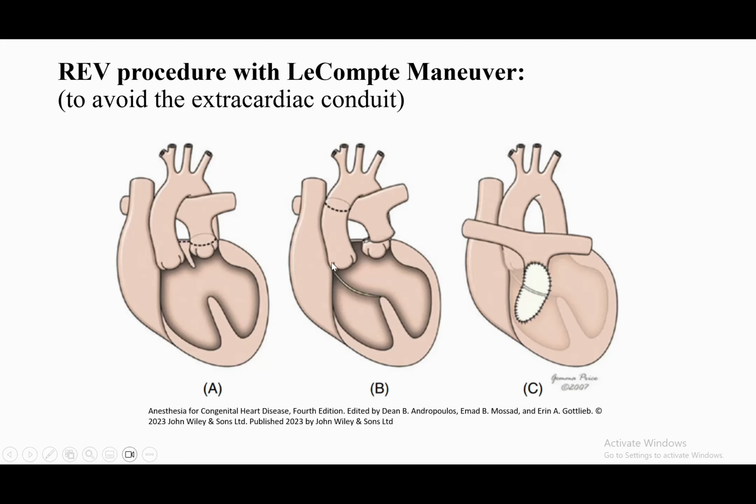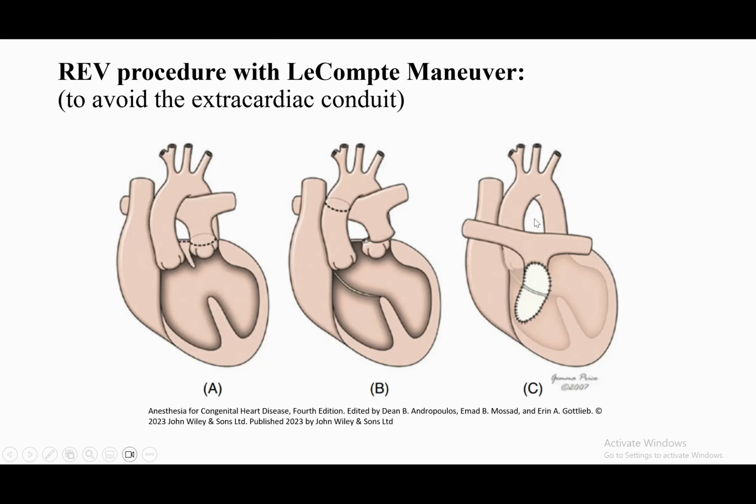We put a baffle to direct blood from the left ventricle to the aorta, and then instead of putting a synthetic graft from the right ventricle to the pulmonaries, we pull down the pulmonaries and attach the main pulmonary artery directly to the right ventricle, and we may put an RVOT patch like this.